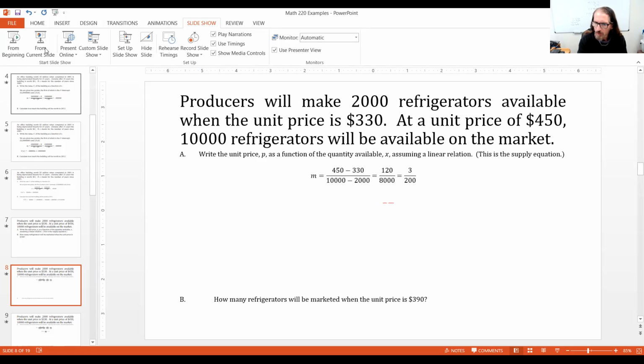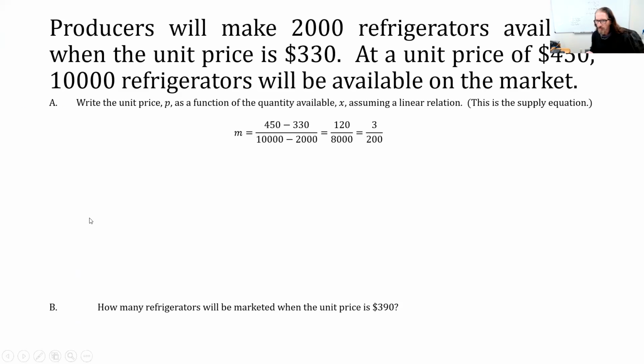So with a slope of 3/200, what I have shown next is solving for B. Neither one of those points had an X coordinate of 0. So since we are asked to write the unit price as a function of the quantity variable X, again, P instead of Y, and since we want that as a function of X, P of X instead of just P. If I plug in one of the points, it doesn't matter which.